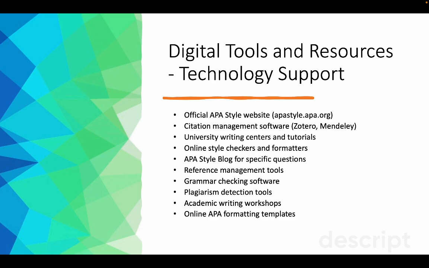Digital tools and resources, some technology support. You have the official APA-style website, apastyle.apa.org, citation management software such as Zotero and Mendeley. You have university writing centers and tutorials. Make sure to check those out with your respective university.